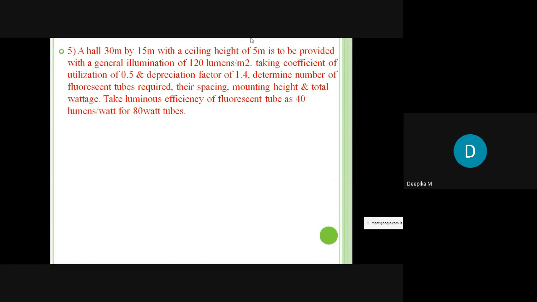If they give that mounted at a distance, it means it is the mounting height. But here in this problem they have given ceiling height.